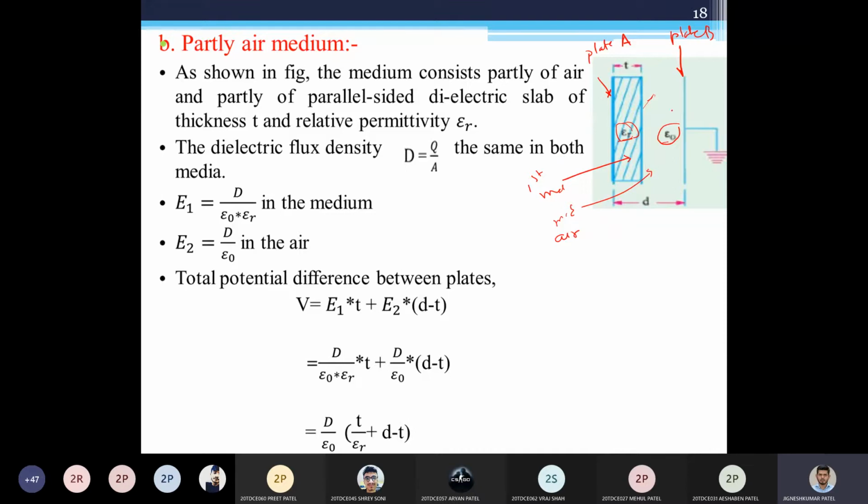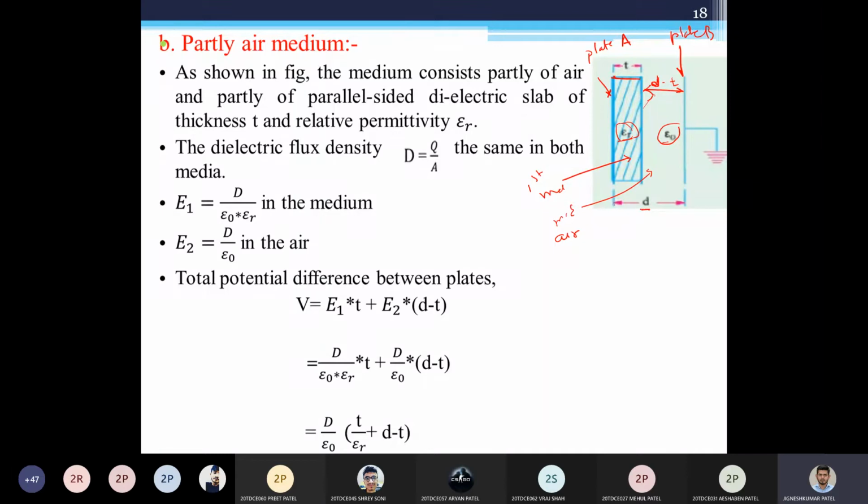So how to calculate the capacitance in this kind of case? First of all, to find this out, you must know the thickness of these two media. Here the thickness of your media is T, and the thickness of air is not given, but actually I can say the distance apart is D, so I know that the thickness of air is D minus T. Now, how to calculate this capacitance?